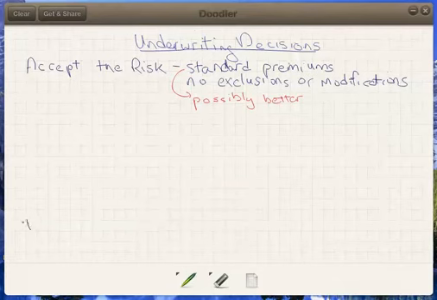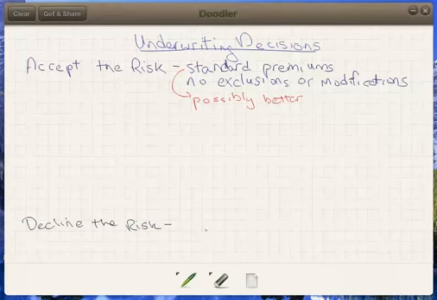Our worst case, of course, is that the insurer will decline the risk. That is, the underwriter looks at the application and says, we really have no business insuring this person. They represent too great a risk for the pool of insureds. We're concerned that if we take on these types of risks, we'll end up paying out too many death benefits too early. We would really have to charge all of our insureds such a large premium in order to take on these risks.